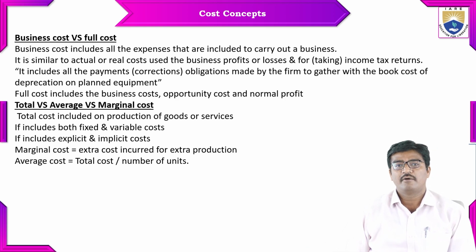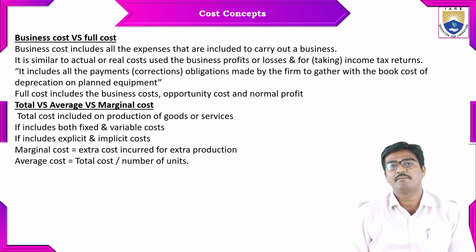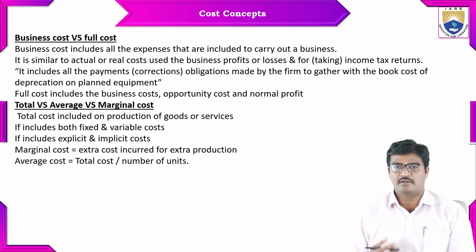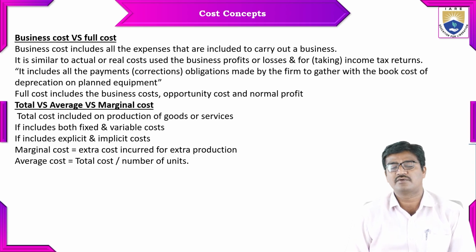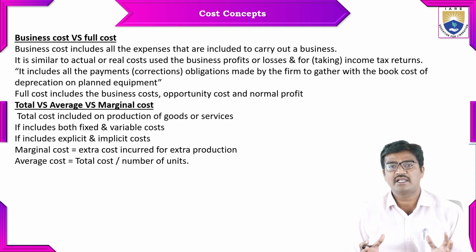You have to pay some amount for the purchase of raw material, for the purchase of machinery, and for maintenance of machinery and assets. For all these things you need to incur different amounts of cost. These expenses altogether are called cost.